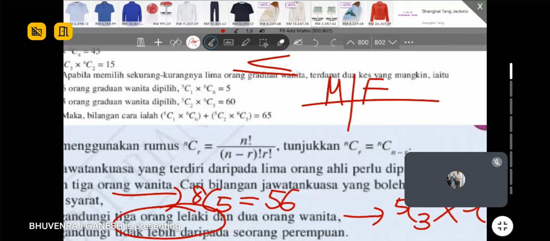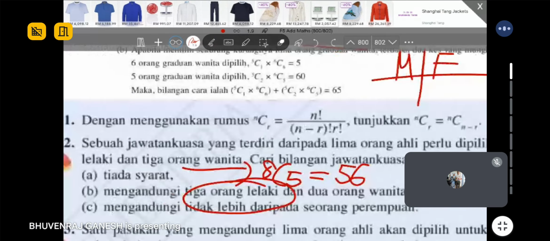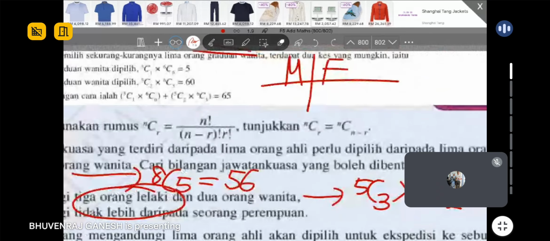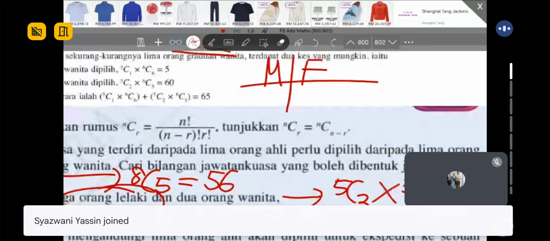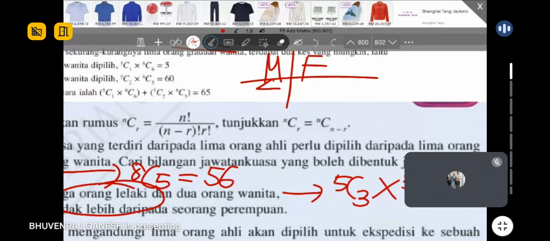So that means perempuan boleh jadi kosong, perempuan boleh jadi 1. So 2 cases. Okay? So basically you will have 5 C4 because 5 male choose 4 and also 5 C5. Okay, because perempuan hanya boleh ada kosong atau 1 sahaja. Okay, so first case you can have 5 male choose 4 and then 3 female choose 1.